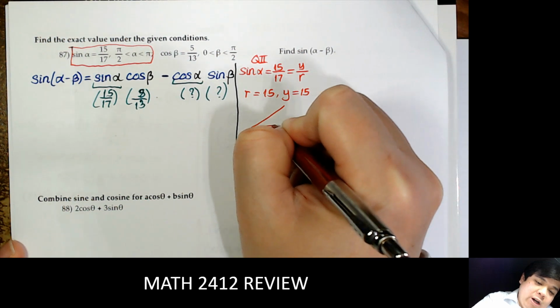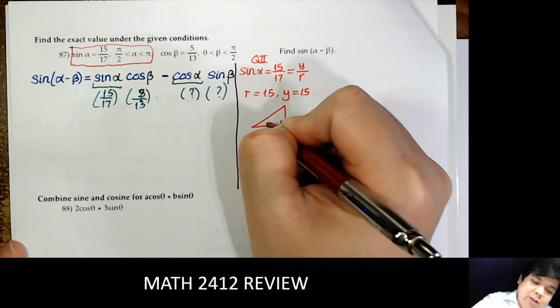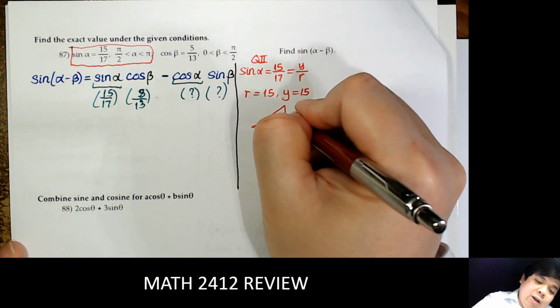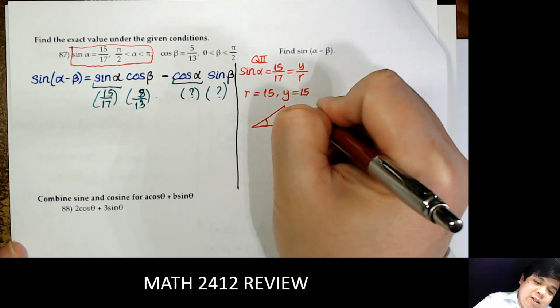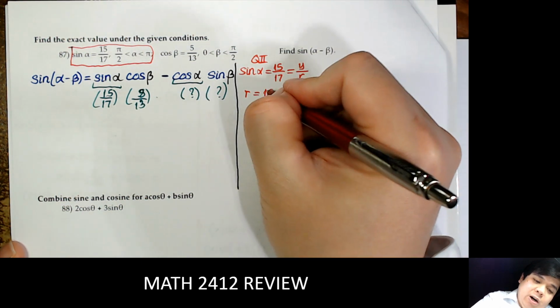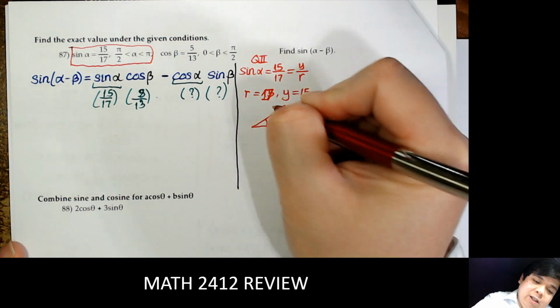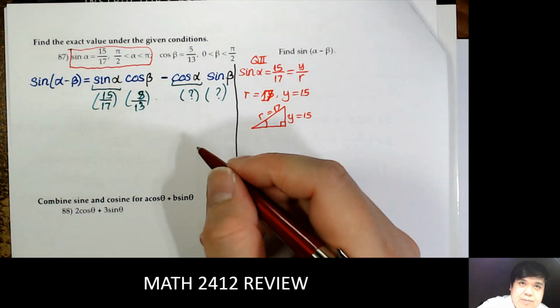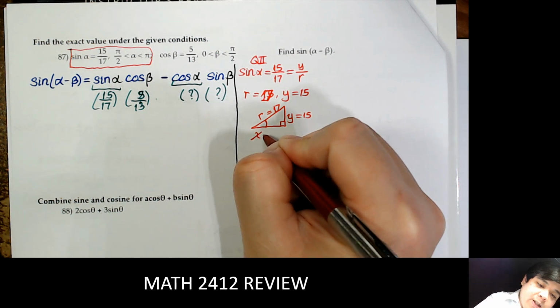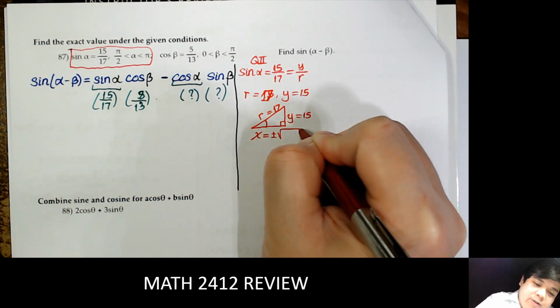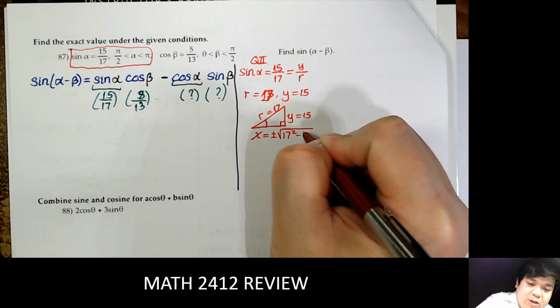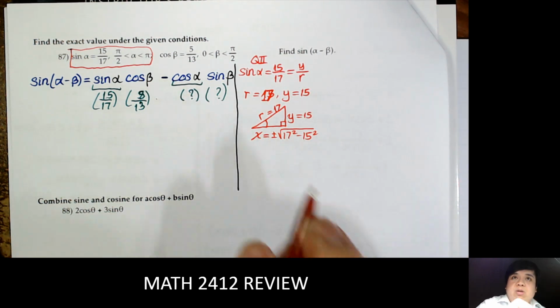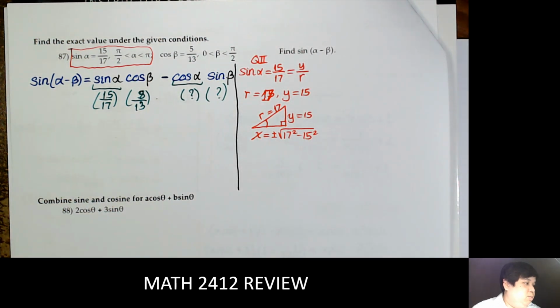If we draw a triangle, y is 15, r is 17, and then x will be plus or minus square root of 17 squared minus 15 squared.